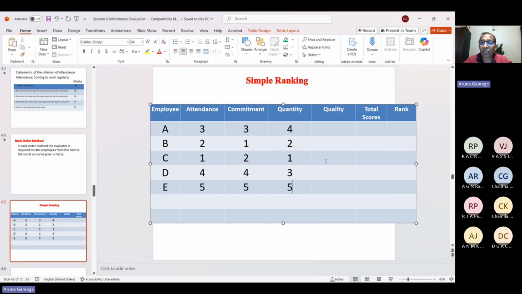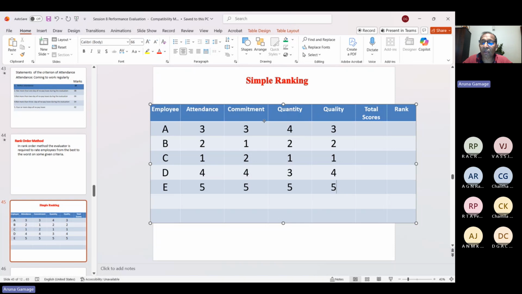In terms of quality, I rank C as number 1, B as number 2, then 3, 4, and 5. Right now, I'll be able to rank them based on these 4 criteria.